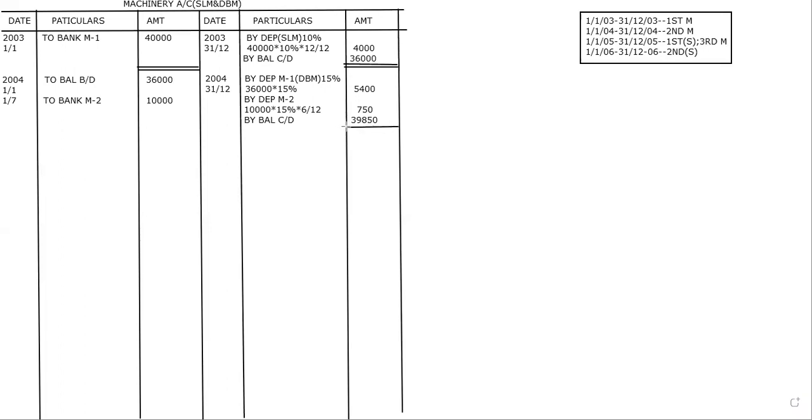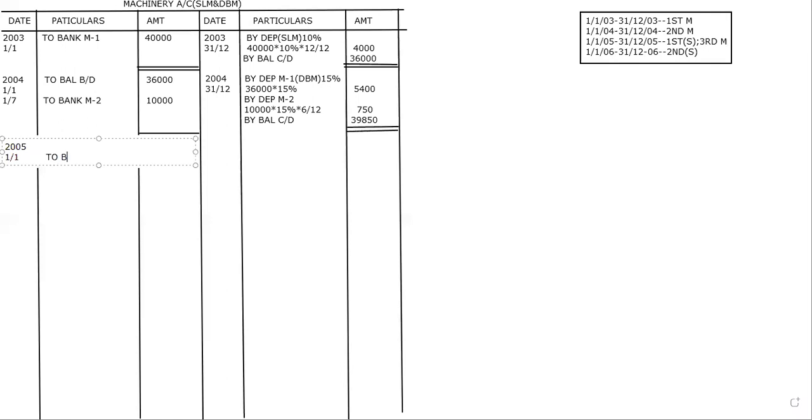Now as soon as I close it, I'll go for writing as brought down in the next year. I'm in 2005, that is 1st January.